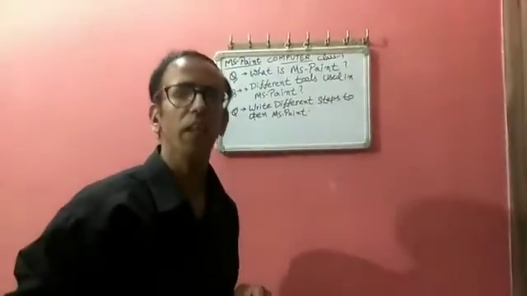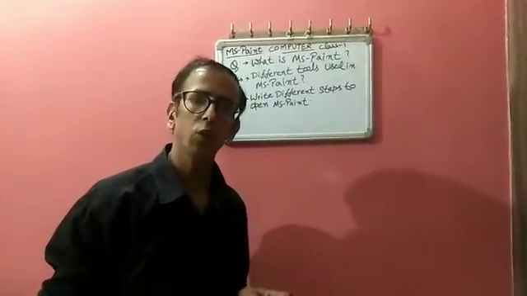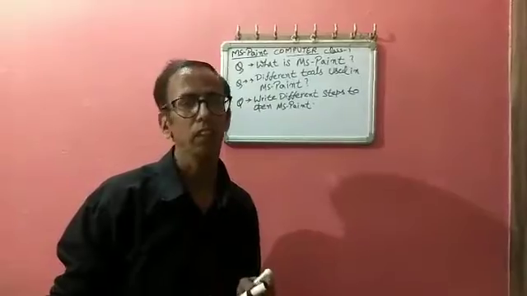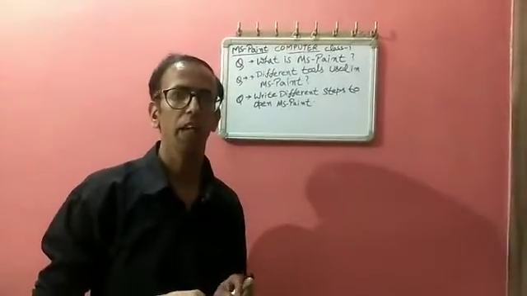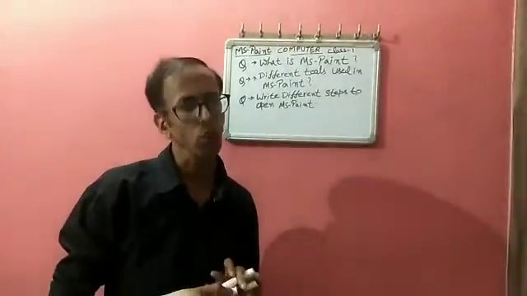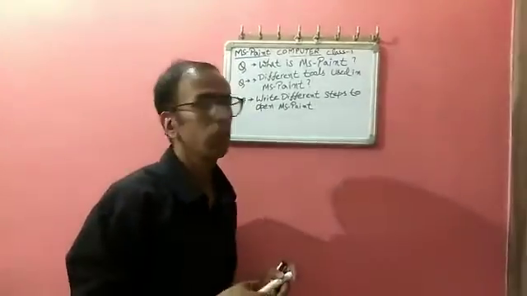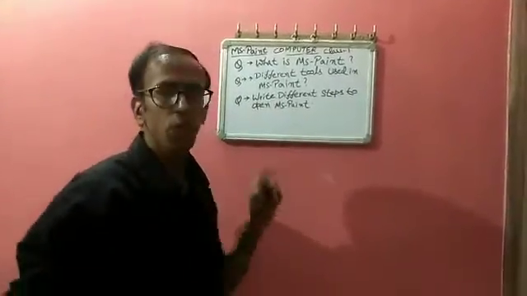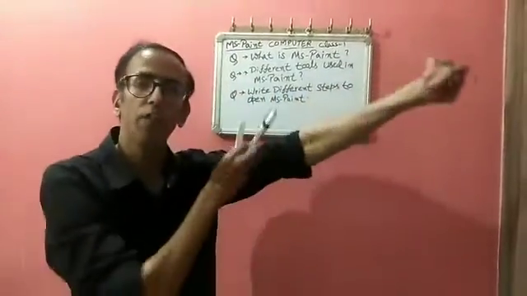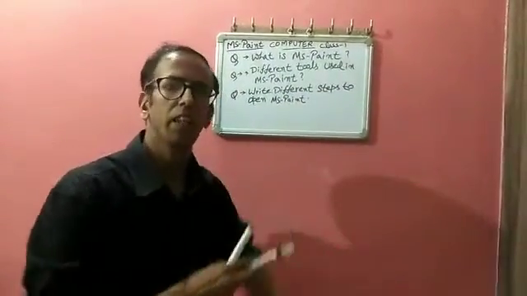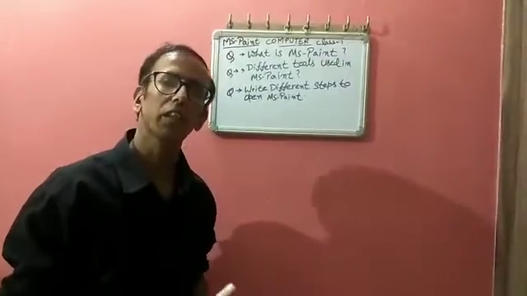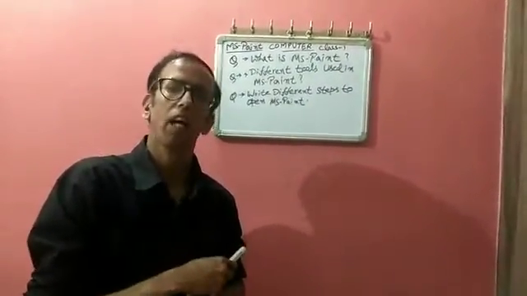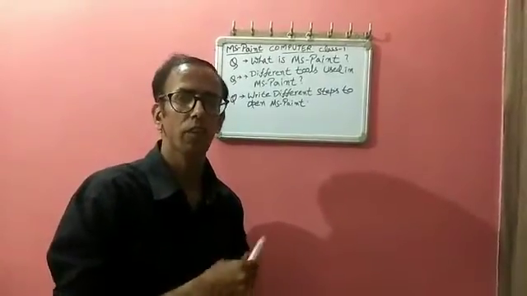First I will tell you what MS Paint is. MS Paint is a tool using which we draw our pictures in the computer, and we can also color them using different tools. MS Paint means Microsoft Paint, and it is available in Windows itself.